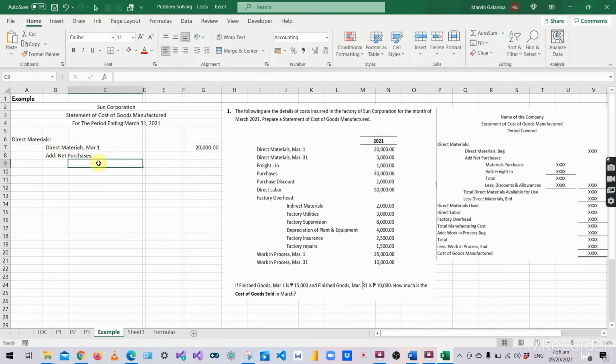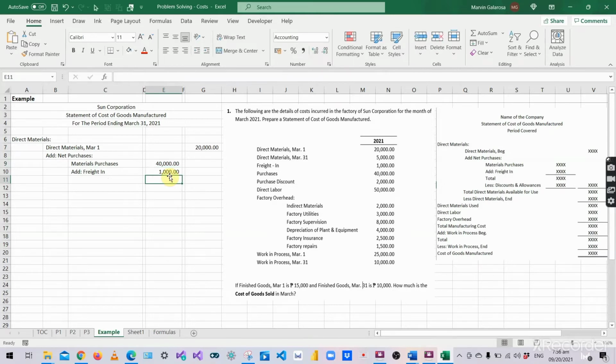Under nyan, para makompute yung net purchases, we write na materials purchases. Then we add freight in. So materials purchases amounting to 40,000, freight in amounting to 1,000.